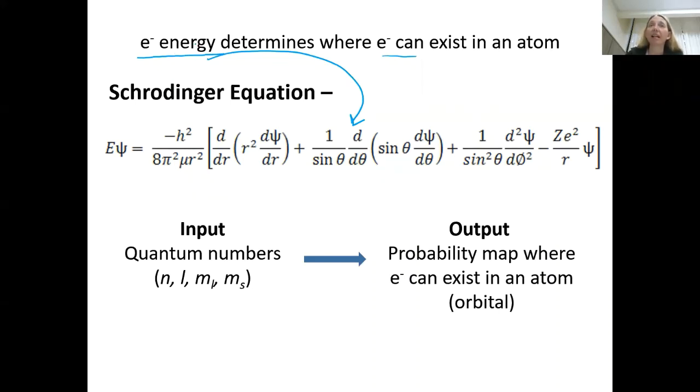And so electron energy goes in, and the way we describe the energy the electron has is with these quantum numbers. You put these quantum numbers into the Schrodinger equation, and you get a probability map, a probability of where those electrons can be. And we call those probability maps orbitals.